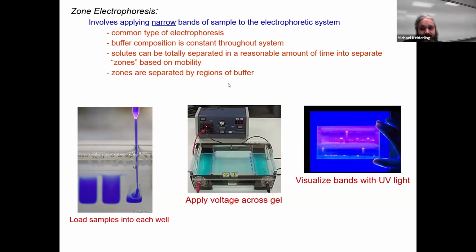And the zones are separated by regions of buffer. So this is the example: you load samples into little wells in the gel, and then you visualize the bands of different samples with UV light, for example. So you may have done this in biology class.